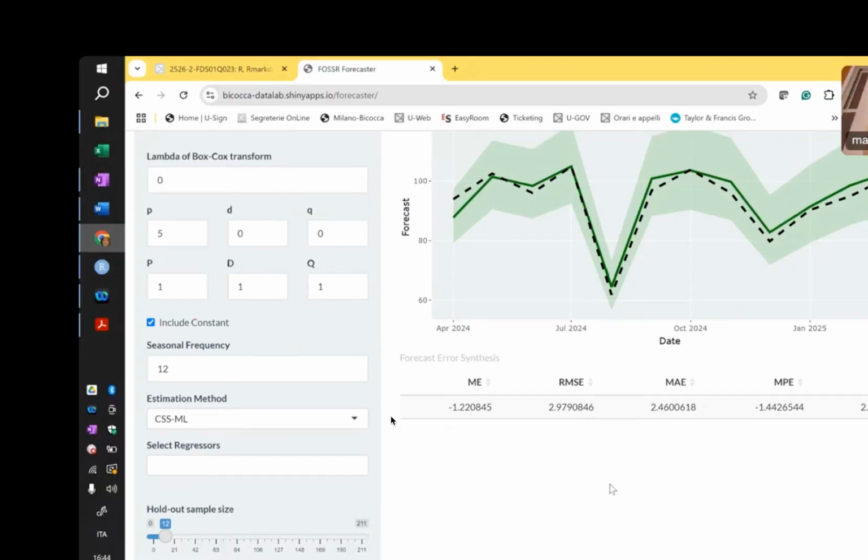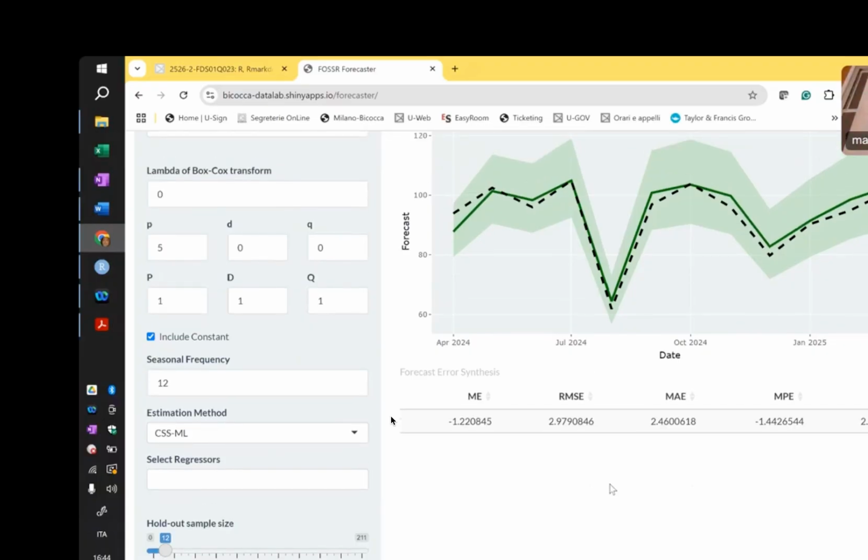And here you have all these loss functions. Well, there are kinds of loss functions, but technically some are not really loss functions. So this is the root mean square error, which you know, so it's the root of the mean square error. This is the mean absolute error, so the mean of the absolute error of the forecast. MAPE is the mean absolute percentage error.